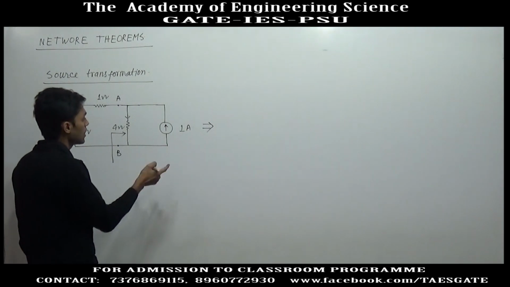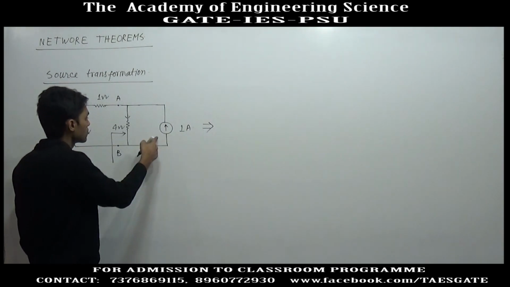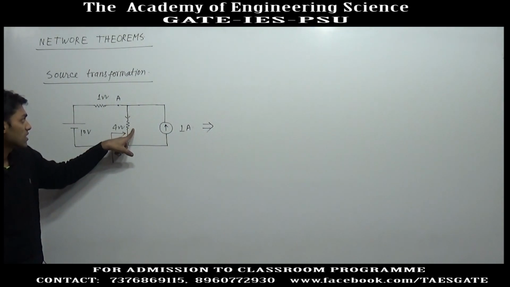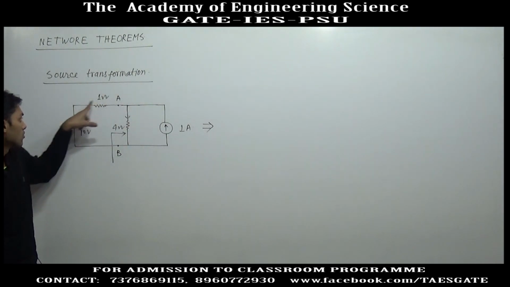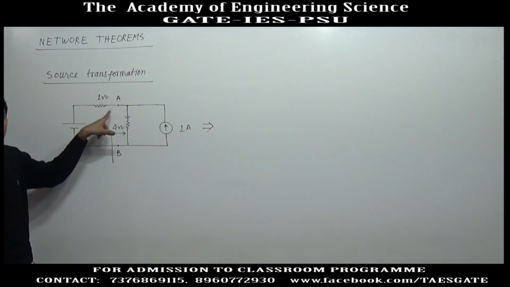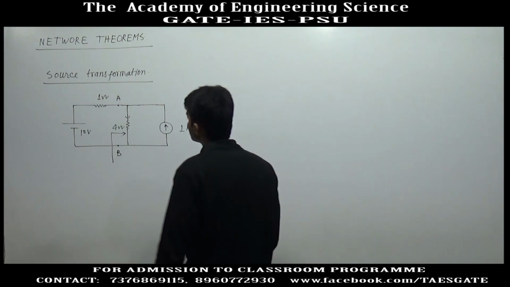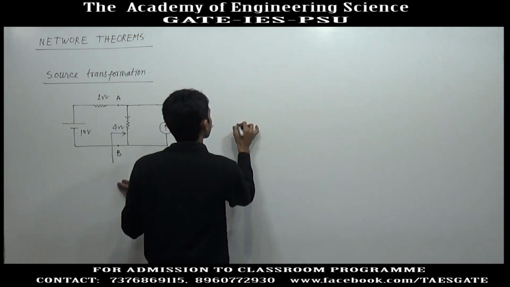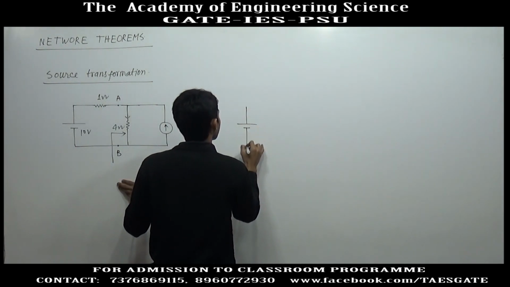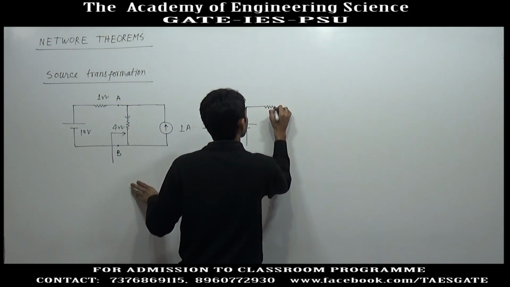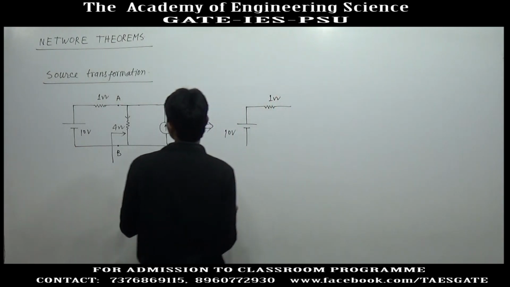In order to have a voltage source and a resistance in series, so all the voltage sources and resistances will be in series. The circuit will be very easy to solve. Now we will draw the circuit diagram: 10 volt and 1 ohm resistance.